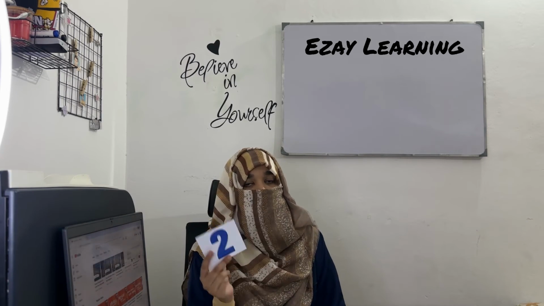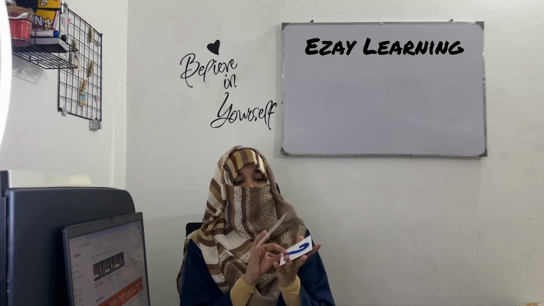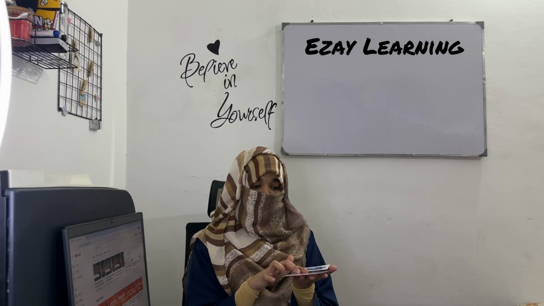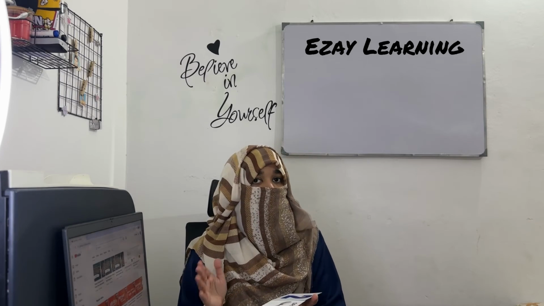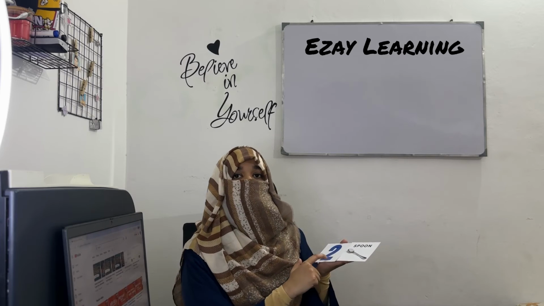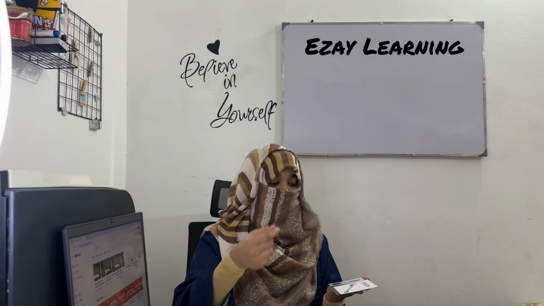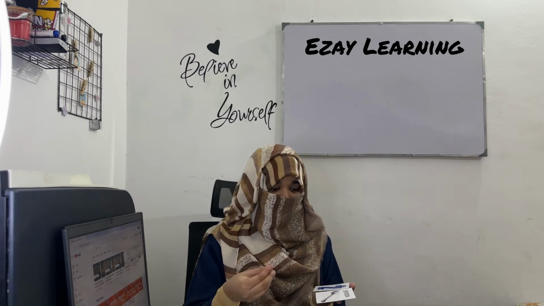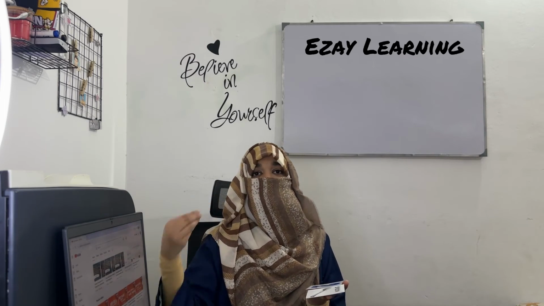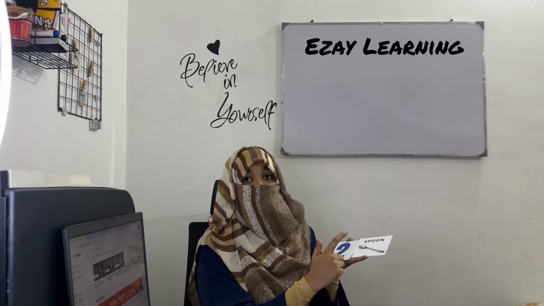So the child knows how to label 2. The child knows how to label spoon. Now you can put both the cards on the table and you can point to the cards one by one, like 2 spoon, 2 spoon. So the child is responding to 2 different cards, but he is already responding in 2 words. He is saying those simultaneously, 2 spoon.